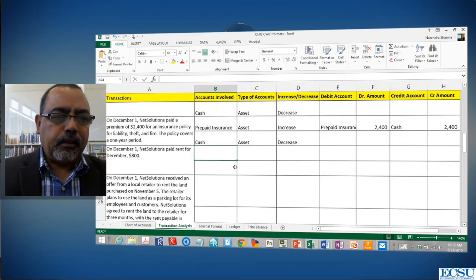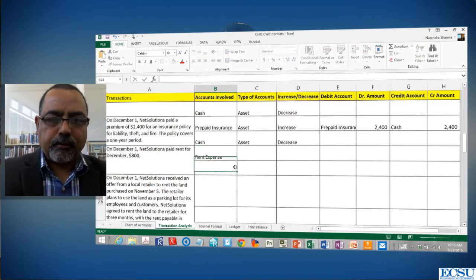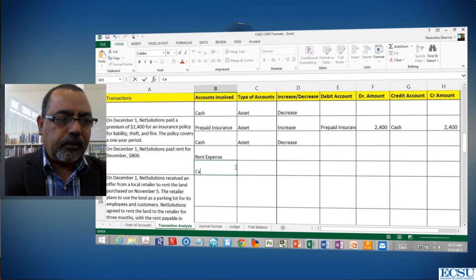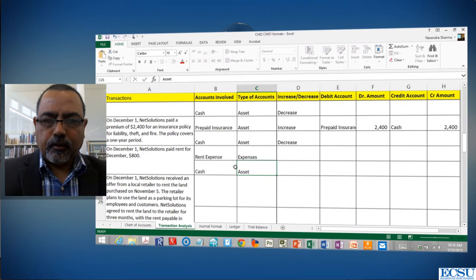Okay, next is December 1st, Net Solutions paid rent for December. So if it is paid for rent, it has to be a rent expense, and you have paid it, so therefore it is cash. Now type of account, of course, rent expense is an expense, cash is an asset.